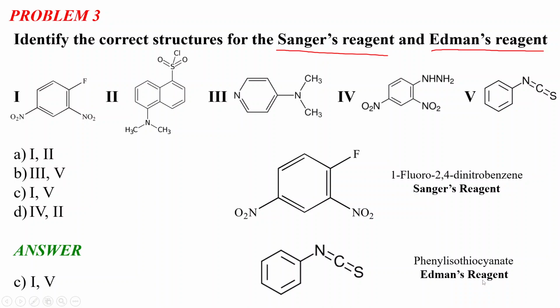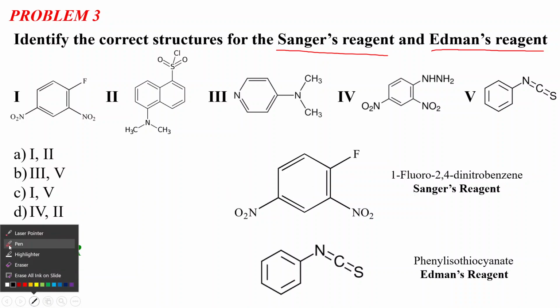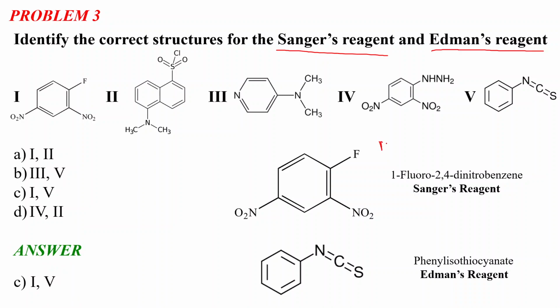Basically these two reagents are used for the tagging of the free NH2 group of the peptide, and after reacting with the free NH2 group and hydrolyzing, we will have something like this. 1-fluoro-dinitrobenzene, and I will show you just a little bit: there is an NH2 here for the free N terminal of the amino acid, and this lone pair will attack here, and there will be some resonance, and this fluorine will be removed.